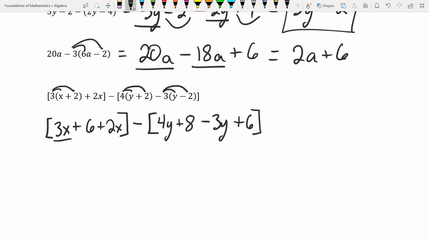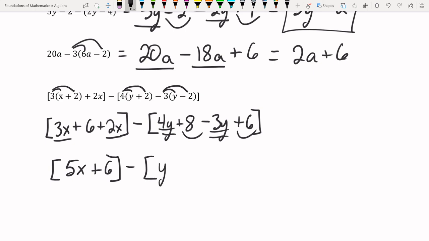We've got some like terms we can combine. So we get 3 plus 2 is 5x plus 6. 4y minus 3y is just y. It's just 1y, or in other words, just y. And plus 8 plus 6 is plus 14.